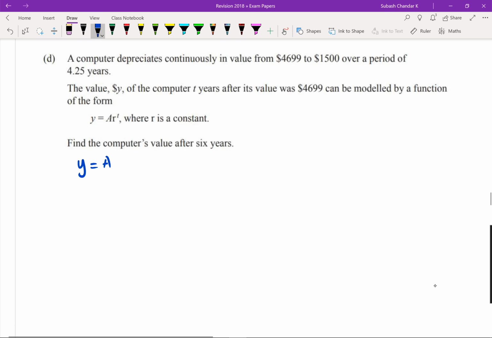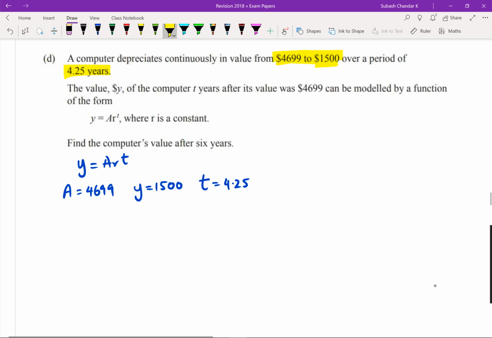The first step is to write down what we have in terms of y equals A R to the power of t. A is the initial value, so in this case it was 4,699. Y is 1,500 because that's the value it's depreciated to after a certain period of time, which is 4.25. All of this information is from the first line right there.